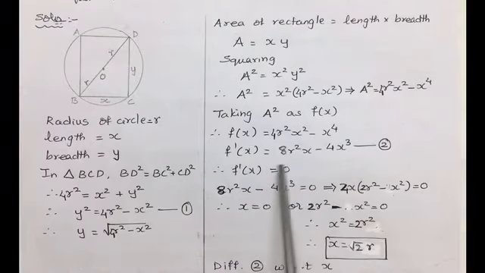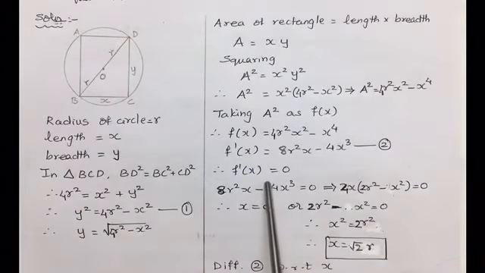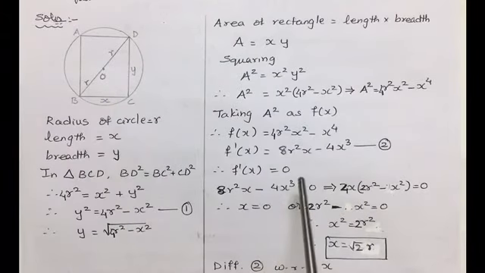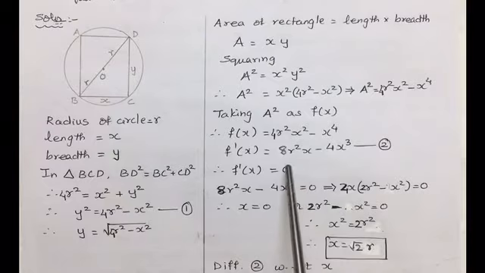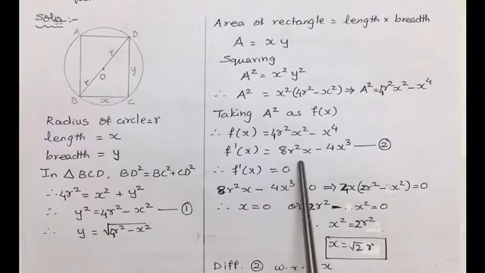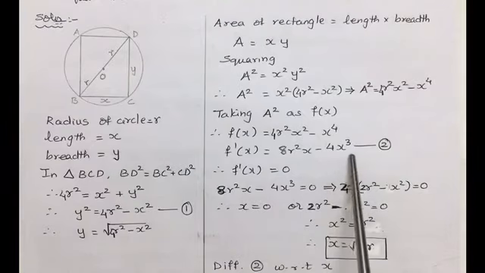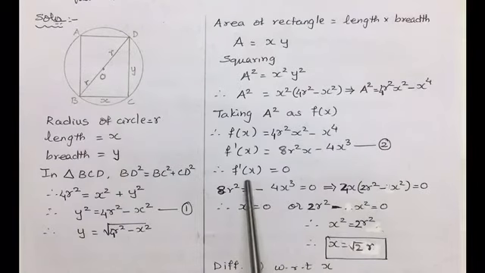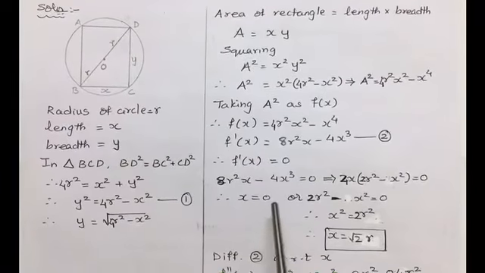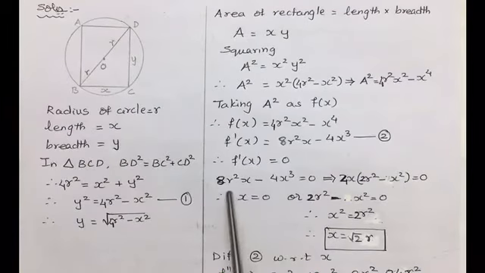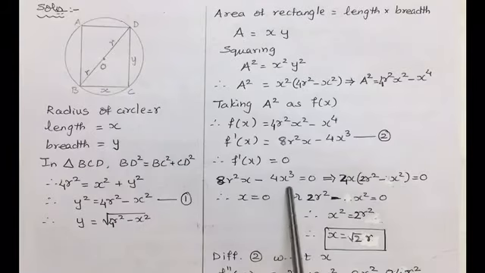Now to maximize it, we have to go for the first derivative. Equate the first derivative to 0. So the first derivative came out to be 8r square x minus 4x cube. Equating it to 0, we get here 8r square x minus 4x cube equal to 0.